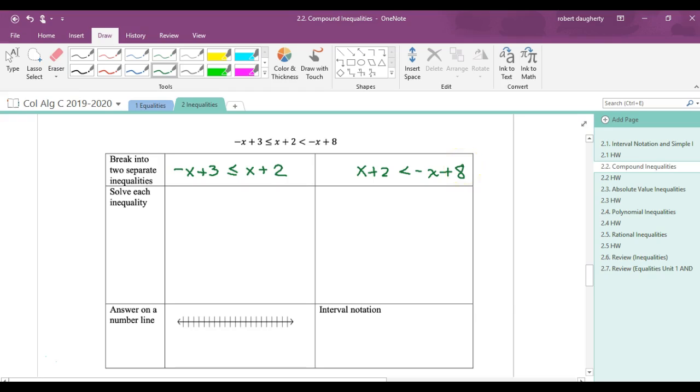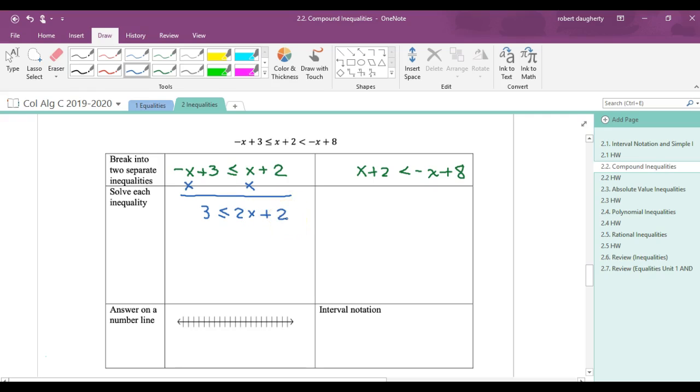Now my goal is just to work on each problem individually, get an answer or two answers, and then pull those answers back together. Okay, what's the first step I want to do here? Add x to both sides, so I'm going to get 3 less than or equal to 2x plus 2.